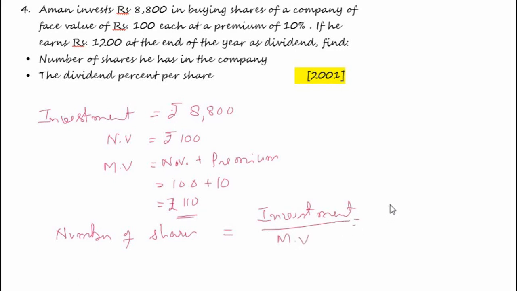So investment here is 8,800 divided by market value is rupees 110. So now this is 11, 8 times. So it is 80 shares. So he buys 80 shares of the company.